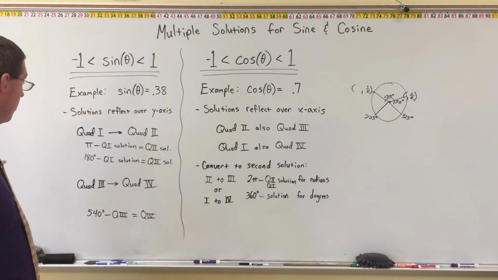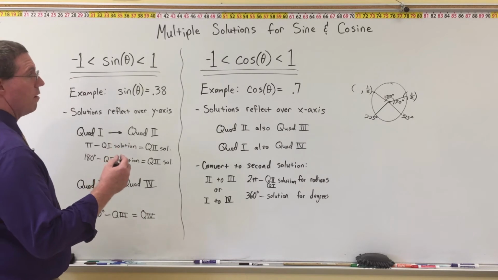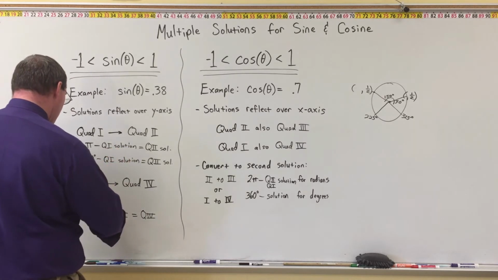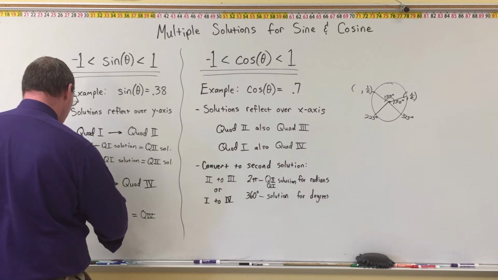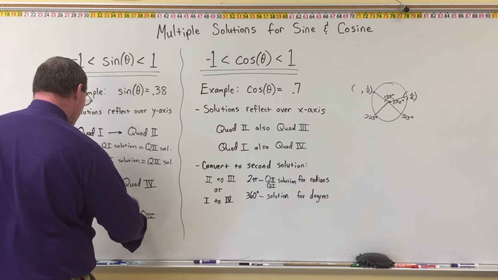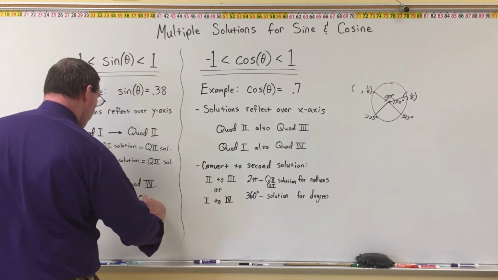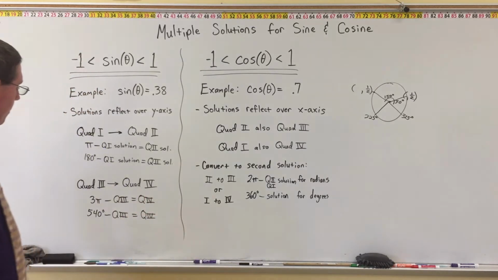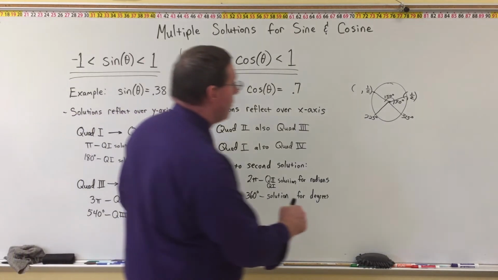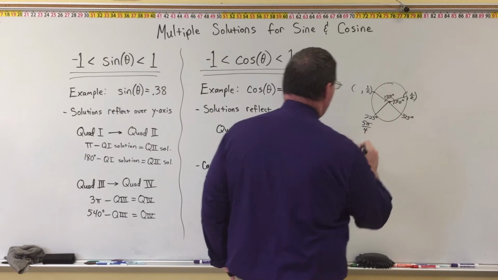In radians, let's see, 3, 6, 4, 6, 5, so it's going to be 3 pi. 3 pi minus the quadrant 3 solution is going to give you the quadrant 4 solution. All right, so 225 here is the same thing as 5 pi over 4.